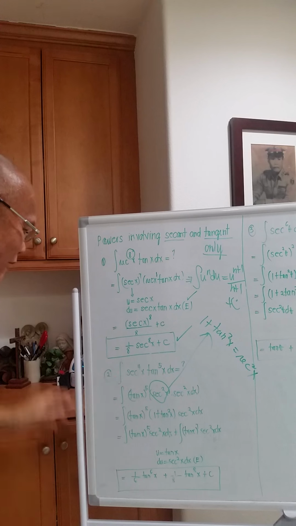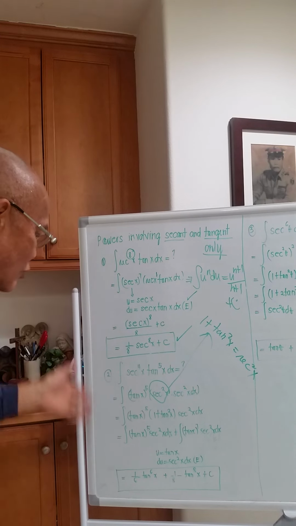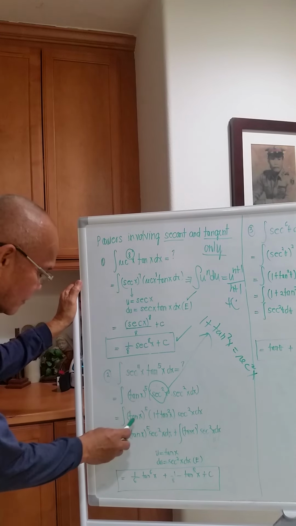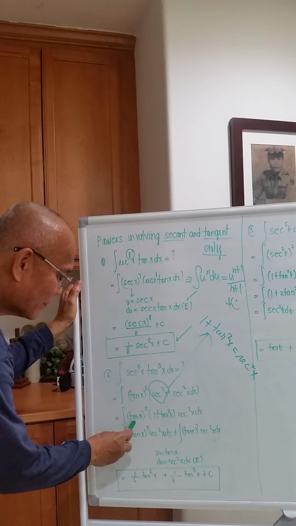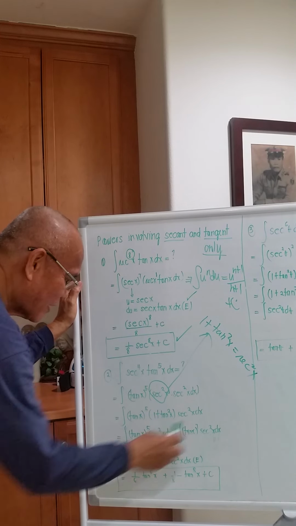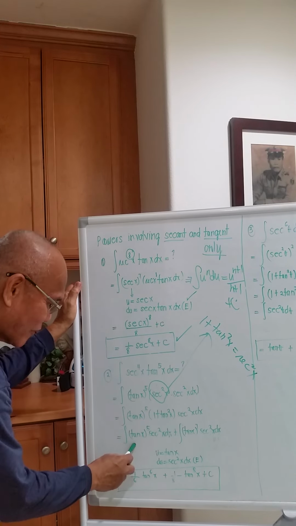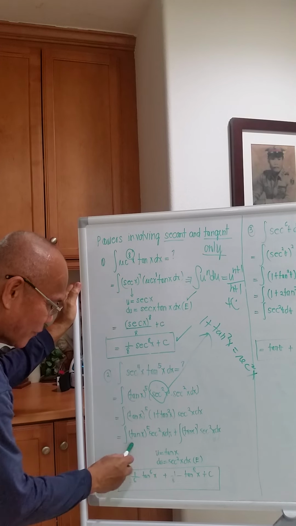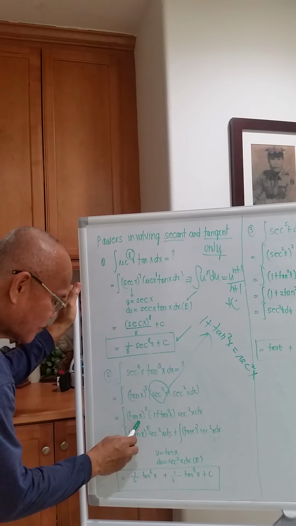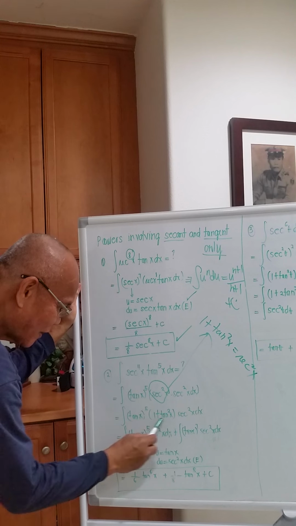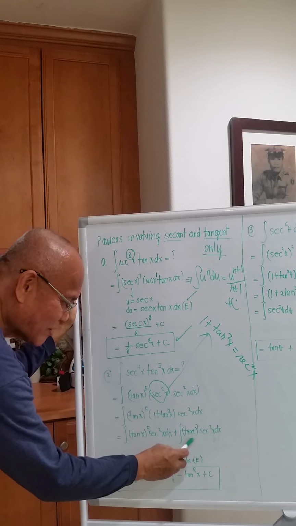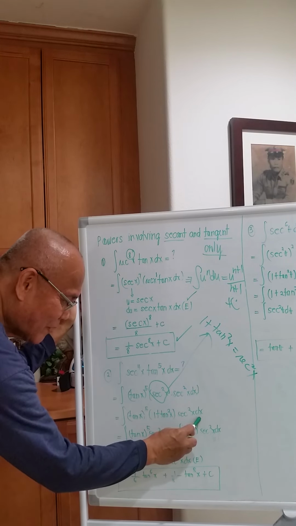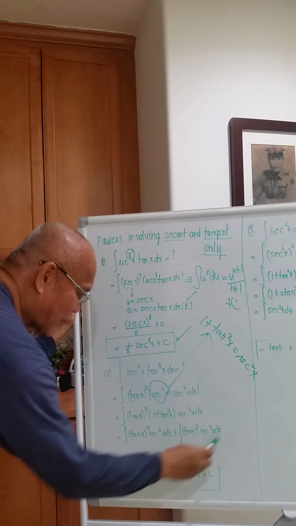Then try to expand. Actually, we got two terms. Tangent to the 5 times secant square of x dx is the integral of tangent of x to the 5 secant square of x dx. Tangent to the 5 times tangent square is actually tangent to the 7th power times secant square of x dx.